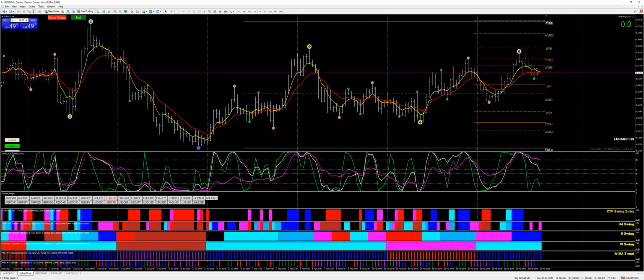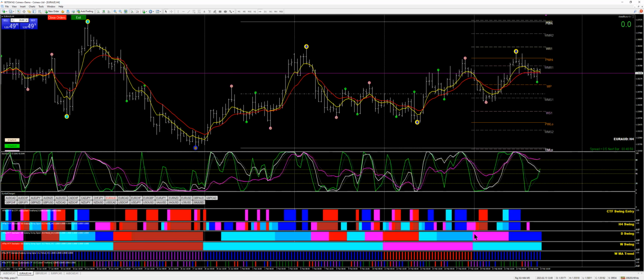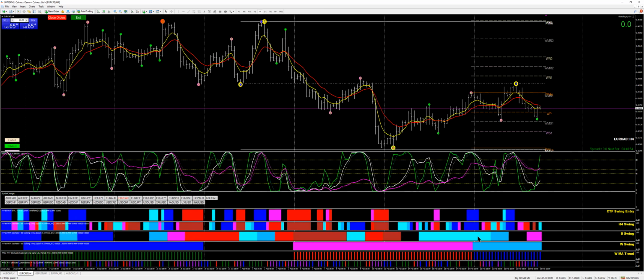So then we look at the Euro Aussie. Euro Aussie is not a trade. Euro CAD, we wanted to go long on this Euro CAD. So this is another one where you have to wait for the H4 stock to turn to go long, right?